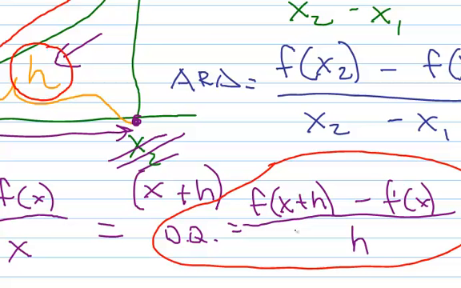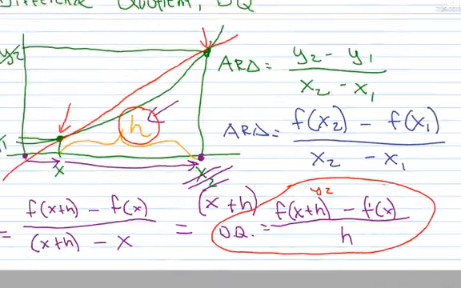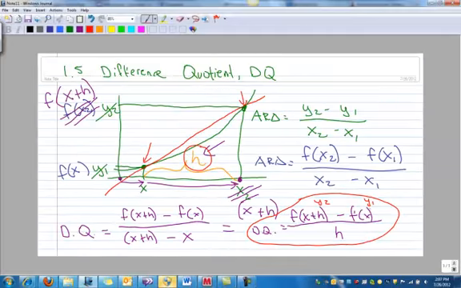So that's why when you're done with your difference quotient, you have f of x plus h, that was your old y sub 2, minus f of x, that was your old y sub 1, and divided by x sub 2 minus x sub 1, which simplifies as h. That's the difference quotient.